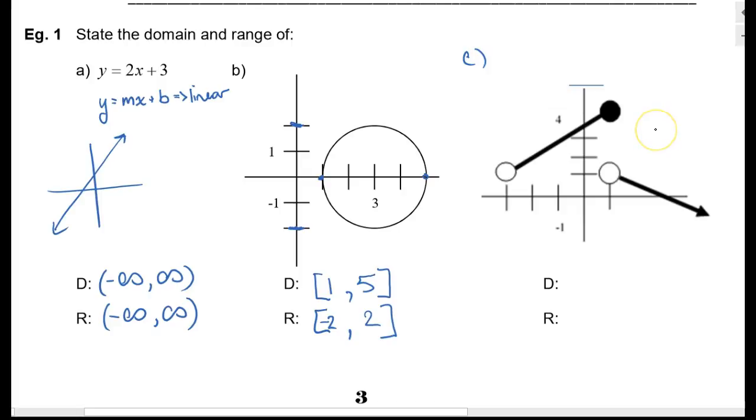Now this function is what we call piecewise. It's actually two functions put together. So we're going to have to define it as two separate pieces. It is not inclusive of -3.